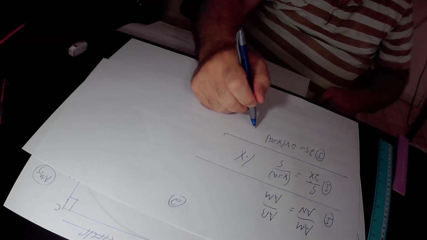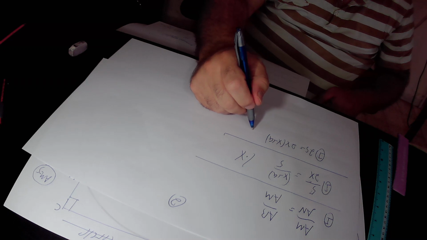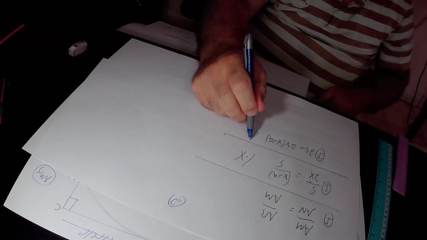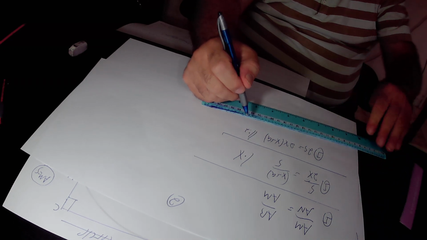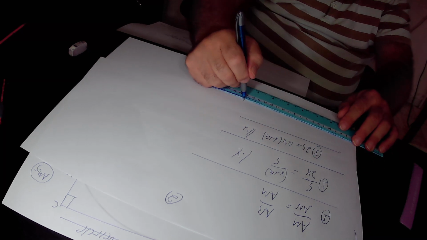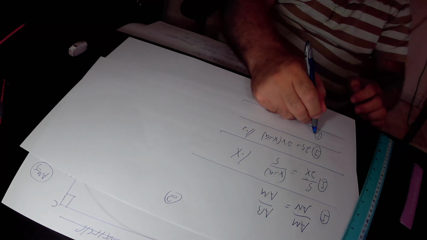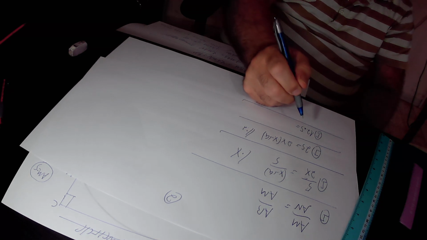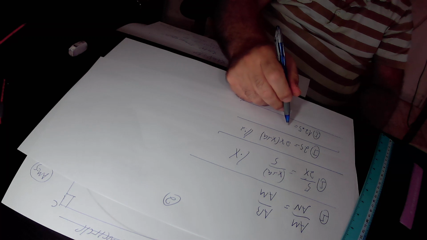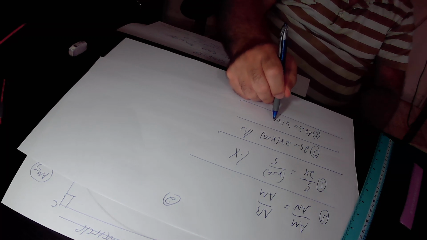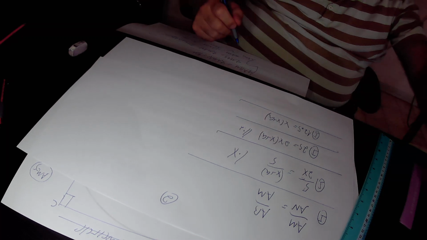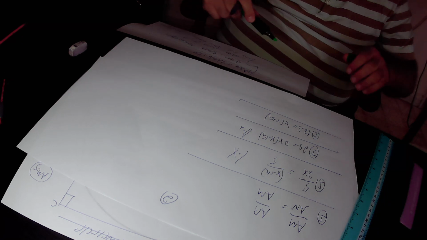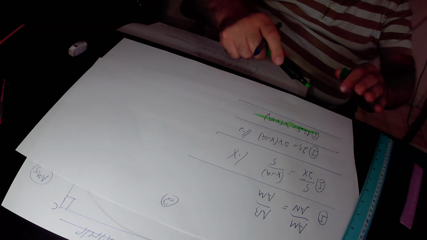Here we divide this equation by 2, and we get that 25 over 2 is 12.5, and it is equal to 2x over 2, which is x, times x plus a. So according to equation 1, 12.5 equals x times x plus a.